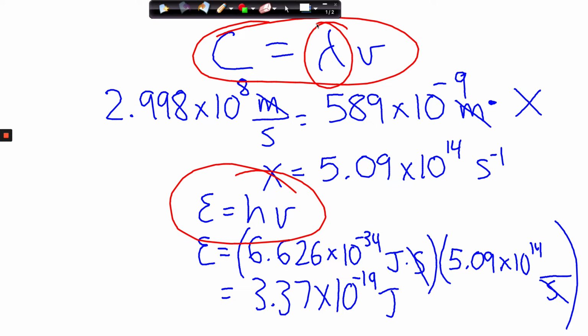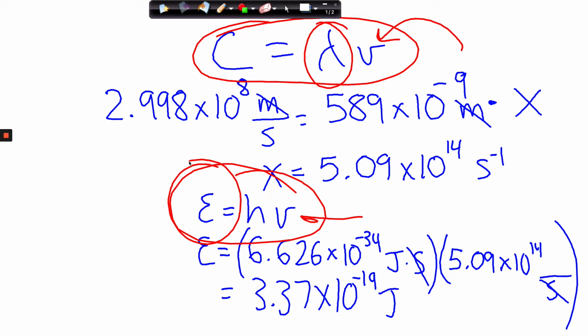Knowing the wavelength of the light allows us to figure out the frequency of the light. Knowing the frequency of the light allows us to figure out the energy of the light. Knowing the energy of the light allows us to figure out how far these electrons are falling. And we're going to figure out electron structures just like Bohr did 100 years ago.